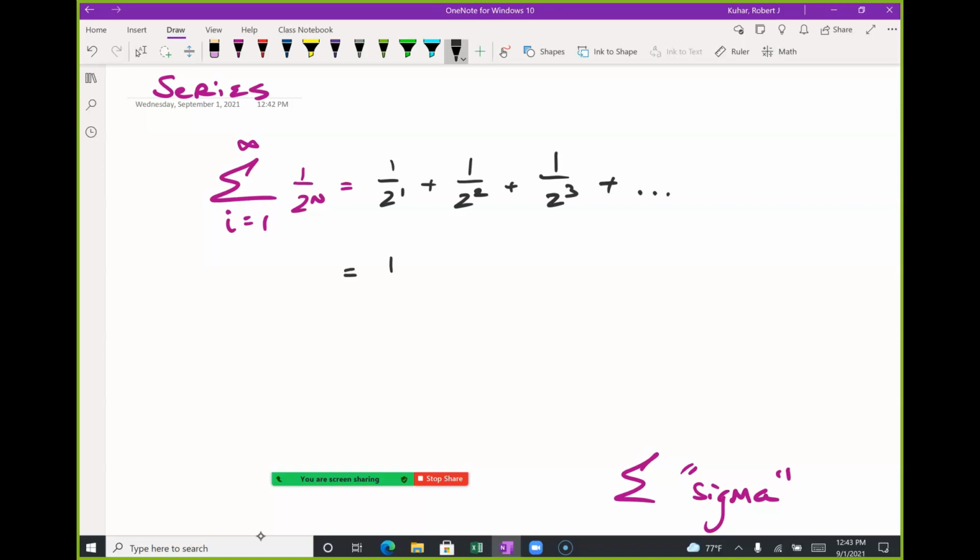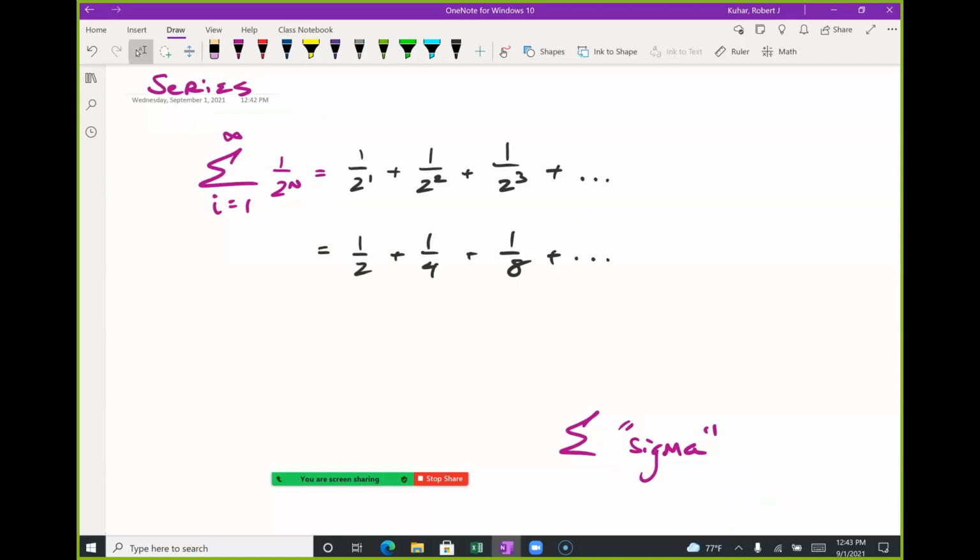And so now I can write it as 1 over 2 plus 1 over 4 plus 1 over 8 plus dot, dot, dot. Now it's pretty easy for me to see what's coming next, right? What's coming next is 2 to the 4th, which is 16, right? I can see that I'm just multiplying my denominator by 2 every time.